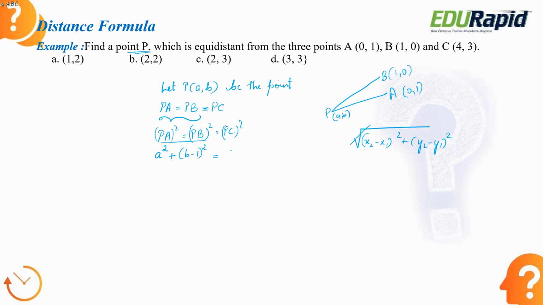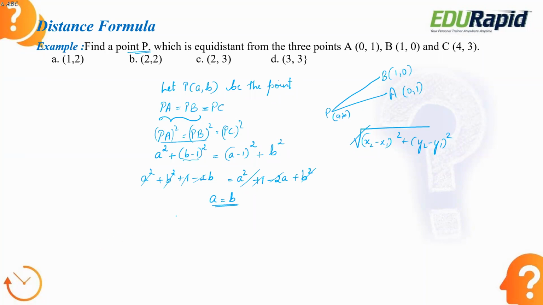So (a minus 1) whole square plus b square. Now, if I open up this identity, I can write it as b square plus 1 minus 2b, and that is equal to a square plus 1 minus 2a plus b square. So I can cancel out a square, b square, and 1. All these are common, so if you take them to one side, they will get cancelled. And minus 2, minus 2. What are you left with? You have only a is equal to b.